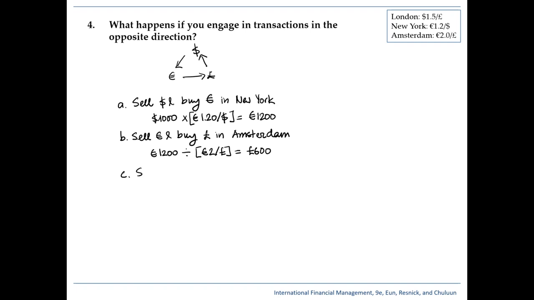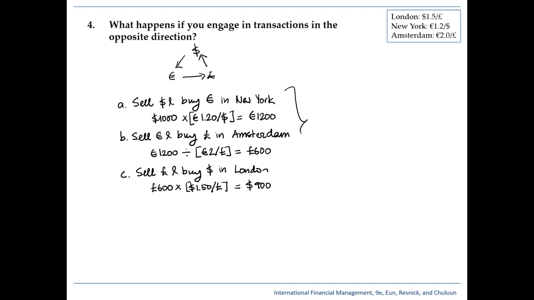So the final step is selling those 600 pounds and buying dollars in London, at the rate of $1.50 per pound. And this will give you $900.